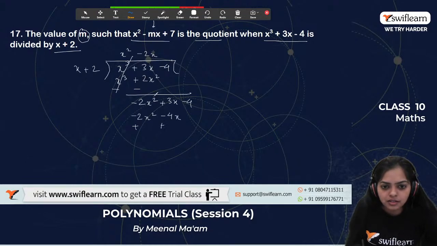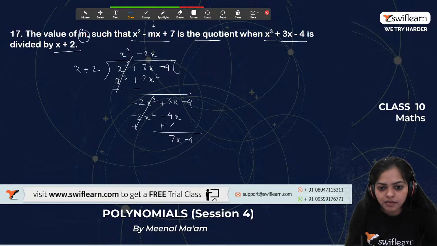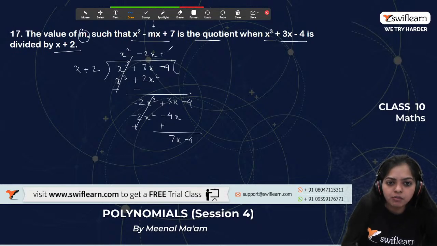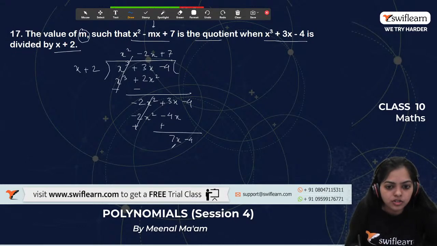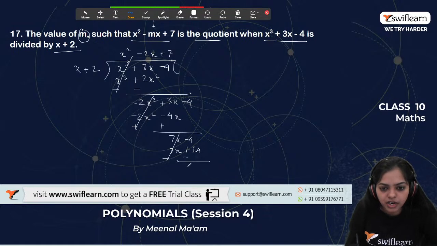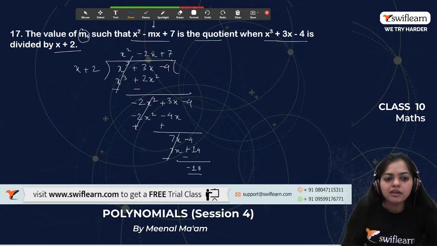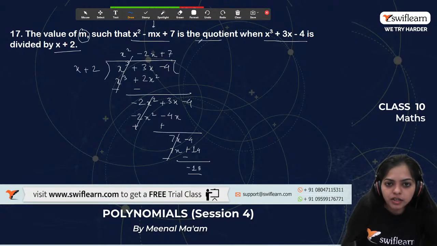Cancel, cancel, it becomes x minus 4. Then what do I have to multiply with x to make it x? I have to multiply it by 1. So x plus 2, cancel, cancel, and we are left with the remainder minus 6. Alright, so the value of m such that x square minus mx plus 7 is the quotient. So what will we get as the quotient?